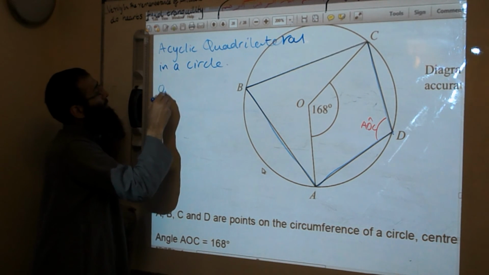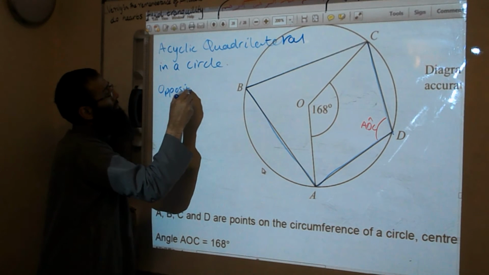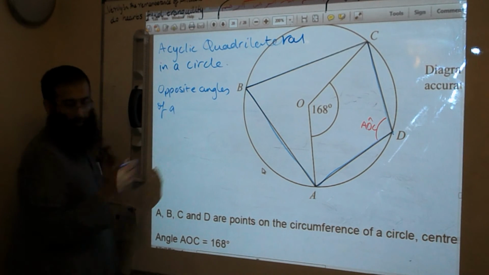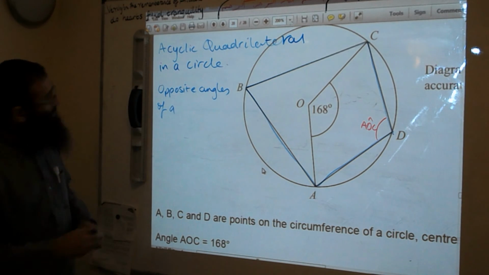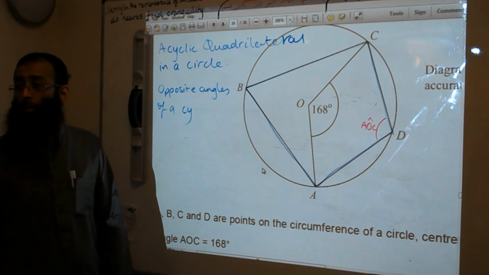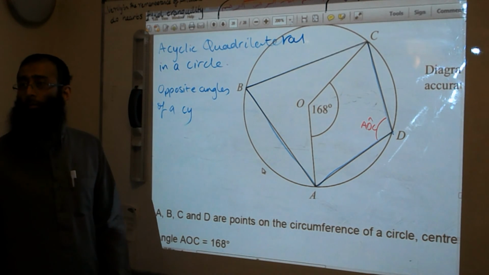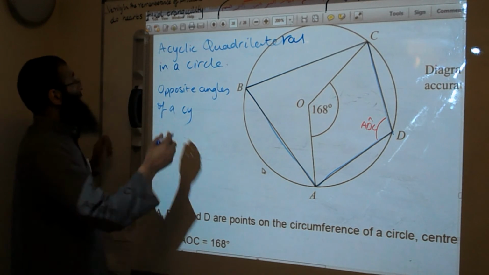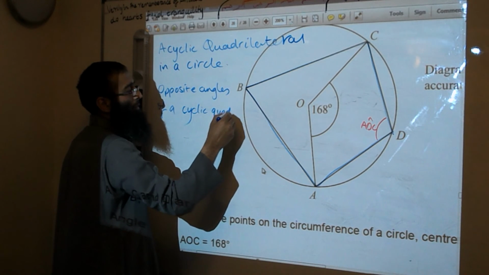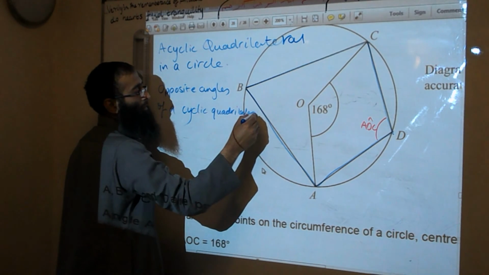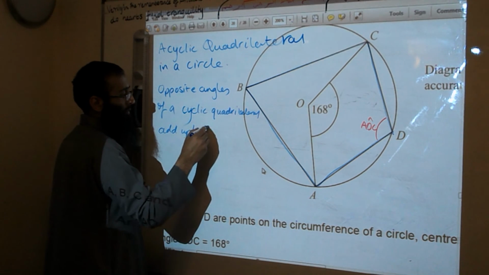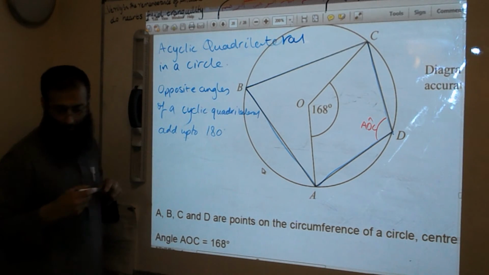We say opposite angles of a cyclic quadrilateral add up to 180 degrees.